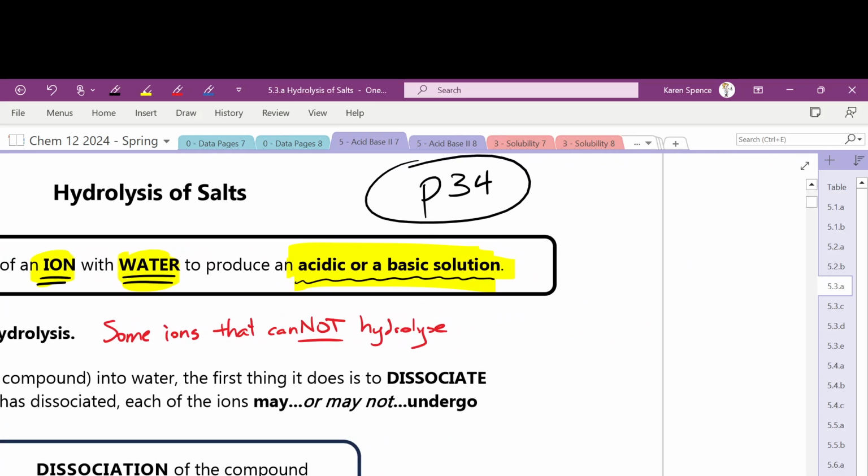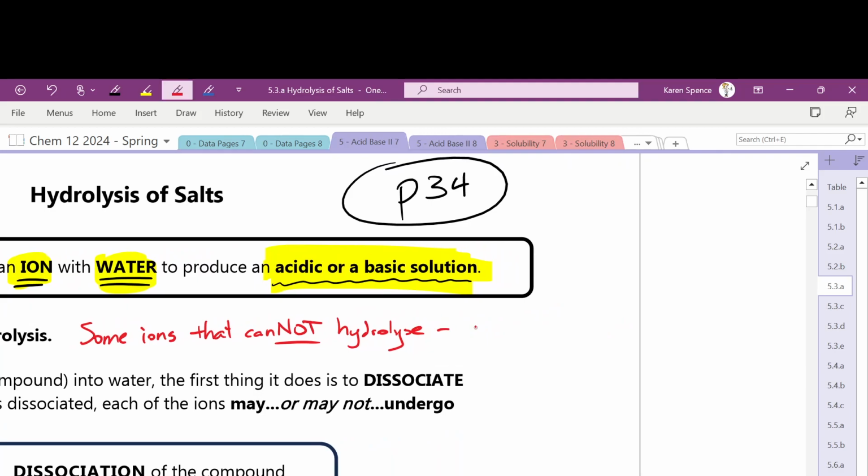Some ions that cannot hydrolyze, the conjugate bases of strong acids. And I'd like you to write them out here. Why not? Okay, take a moment, look on your chart, and write them out for yourself. It'll help them stick in your head.